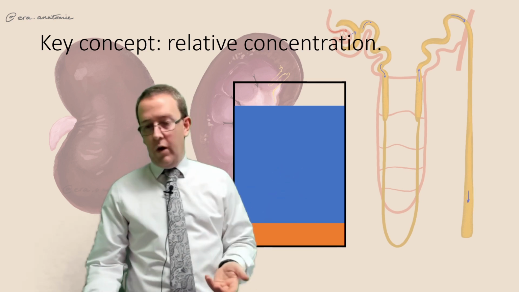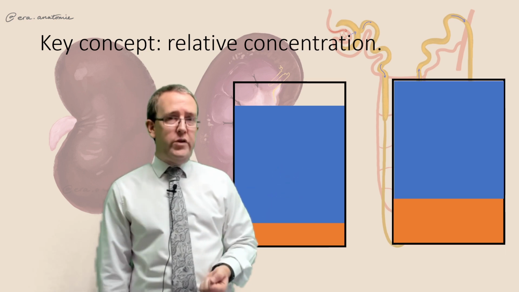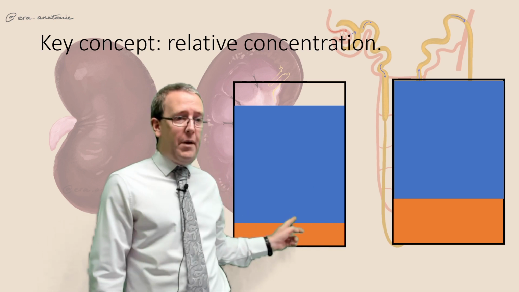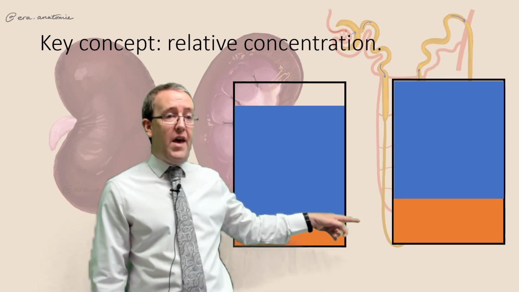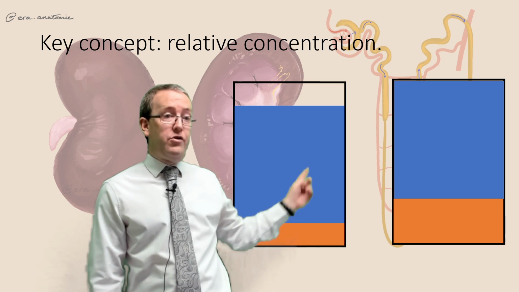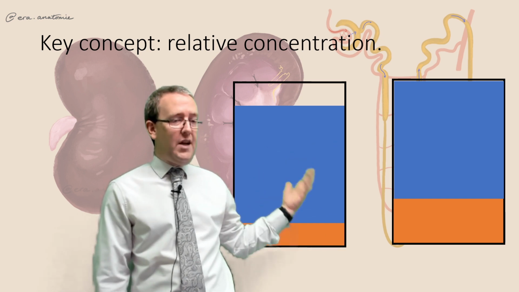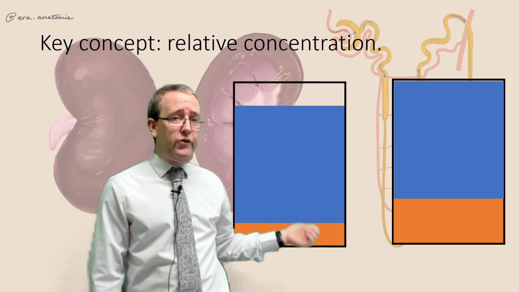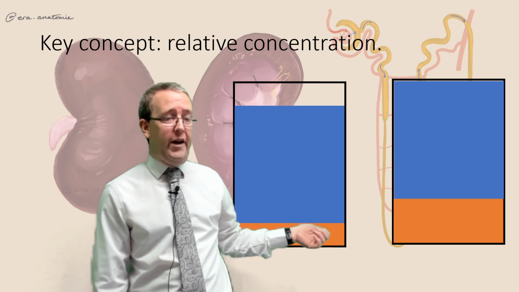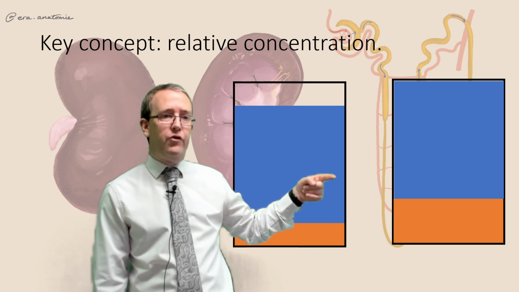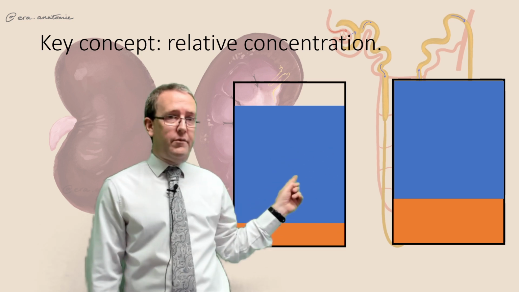Now the obvious ones: add more dissolved stuff. So you add a bit more dissolved stuff from here to over there, it becomes a more concentrated solution. Note the blue box is the same, the volume of water is the same, but the volume of dissolved stuff, the solute, is higher. Therefore that is a more concentrated solution than that, okay?